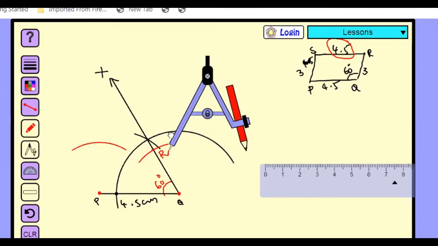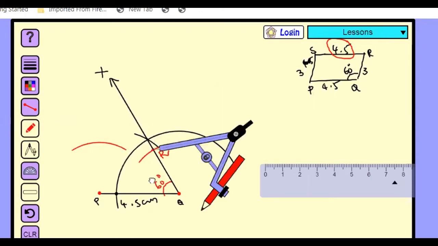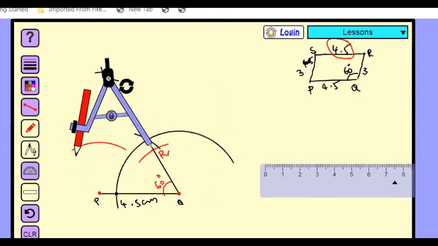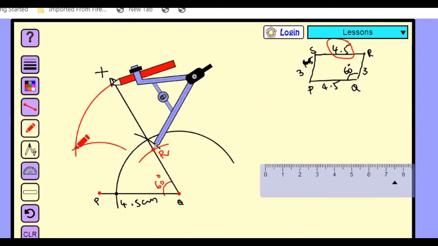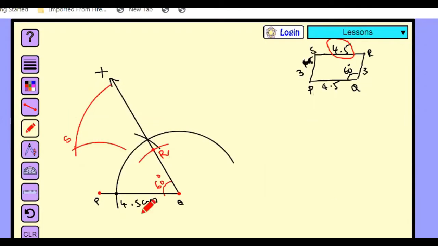Now with the center R, draw another arc which cuts the previous arc at point S. Now we got the S point here. So join PS and RS to get the required quadrilateral.